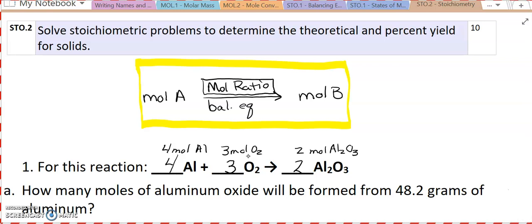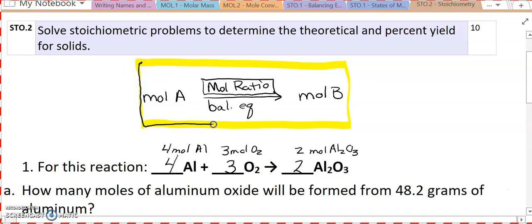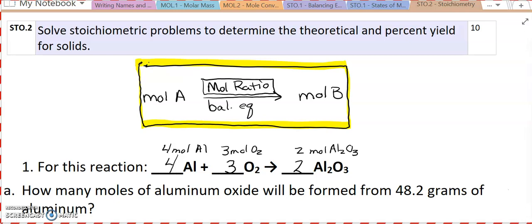But today, we're going to take a look at expanding beyond moles. This mole ratio is the basis of all stoichiometry, allowing me to convert between moles of one substance and moles of another using the balanced equation. But unfortunately in lab, we don't usually start with moles. If I start with a solid in lab, we're usually measuring in grams.